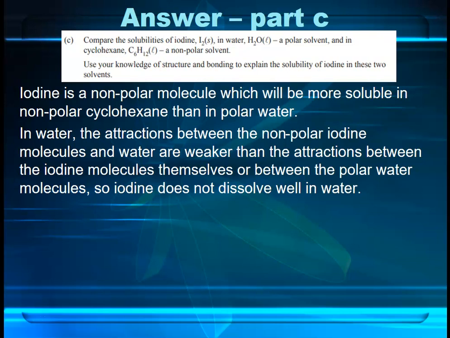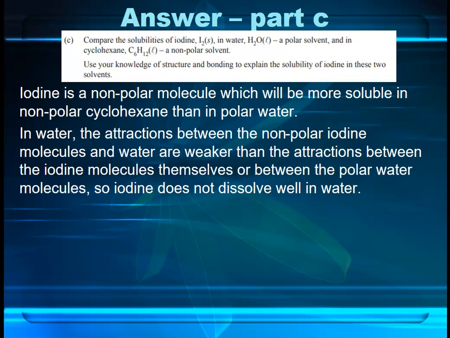Ideally, you can use words like solvent and solute in this, but the key thing is getting the idea that the iodine molecules are more attracted to each other than they are to the water, and the water molecules are more attracted to each other than they are to the iodine. You can use as many words as you like to answer this. I think they give you about a page all up, but this is the key stuff that they're looking for in their answer.